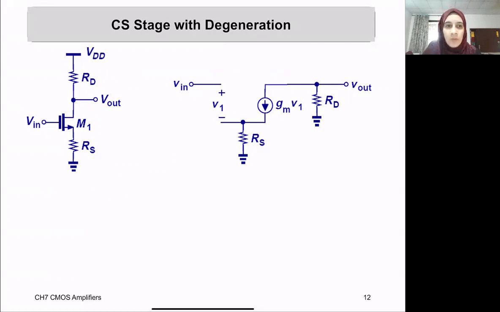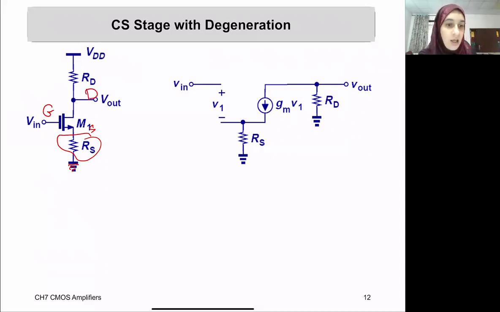Now, the common source with degeneration. Degeneration means that your source is not connected to ground anymore. There is a resistor between the source and the ground, called RS. In this case, we call it common source with degeneration. We are still applying the input at the gate and taking the output from the drain, but the source is not grounded anymore.